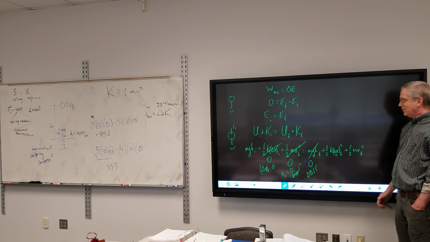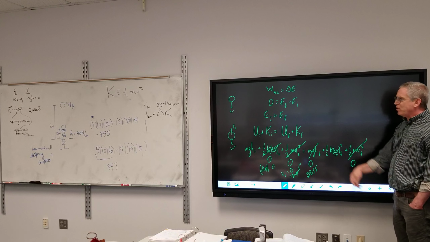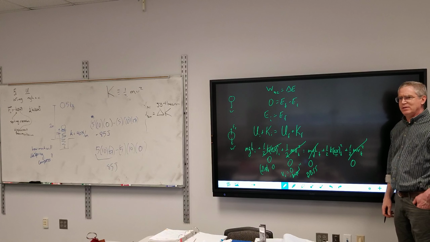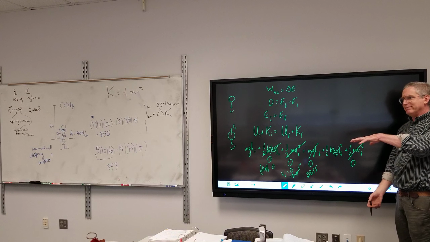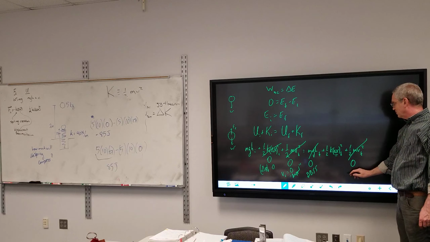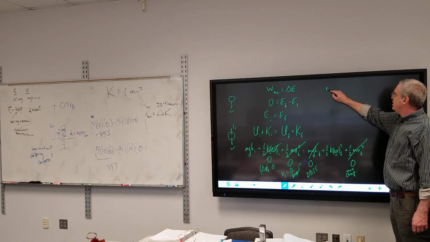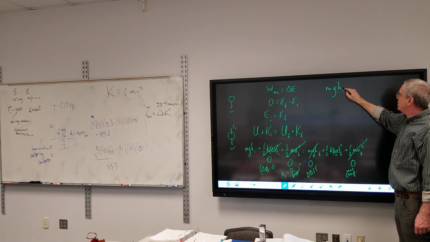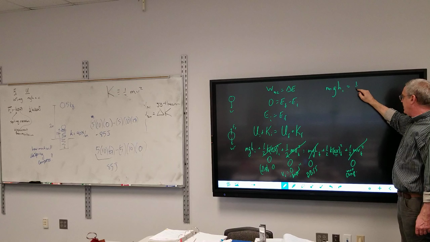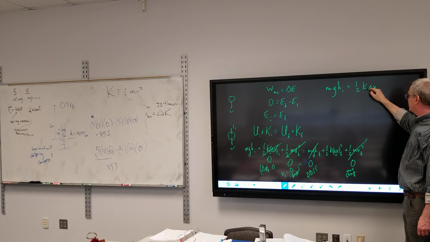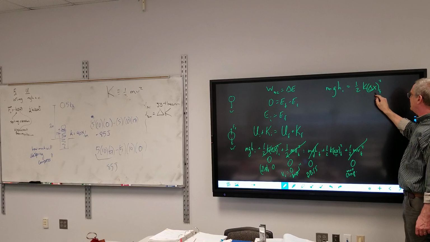It would be 0, because we're trying to figure out how much the spring's going to compress. When it's finished compressing, it has to stop. Maximum compression. So we're now left with mg h initial equals 1/2 k delta x final squared. And again, that's what we're trying to find.